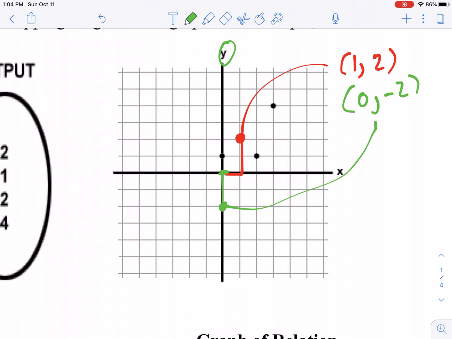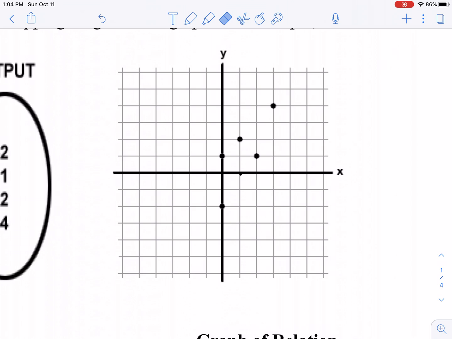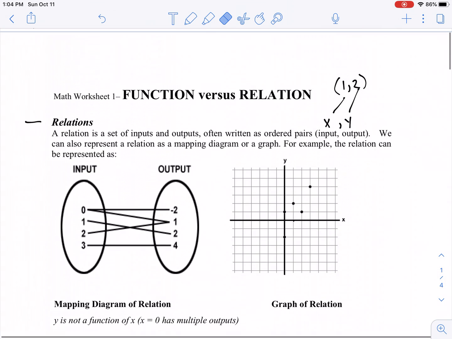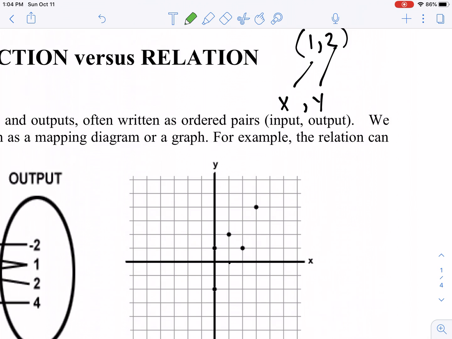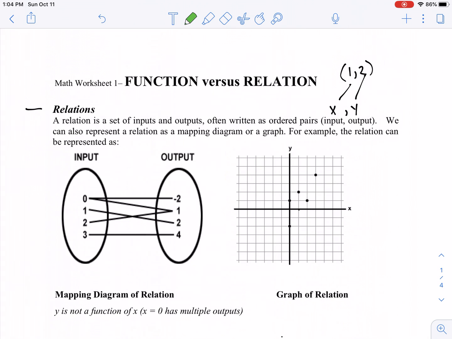So that's just a quick review on how to plot points, but that's what we need when we're talking about a relation, okay? It pairs up some input, some output, X and Y, and it can be represented in different ways. It could be represented as a mapping, okay? So this guy right here would be a mapping. Sometimes it could be represented as a table.